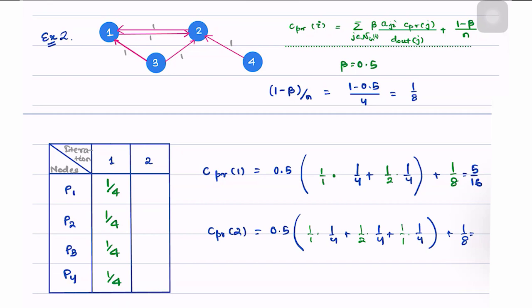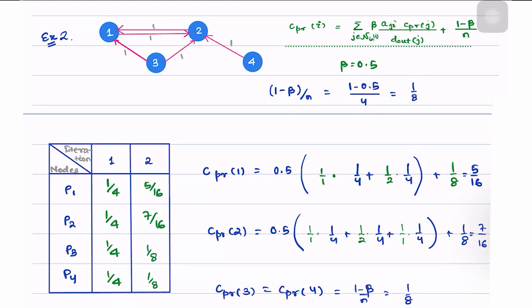So this adds up to 7 by 16. And nodes 3 and 4 do not have any neighbors, hence in their case, the only term that gives them importance is (1 minus beta) by n, which is equal to 1 by 8. And let's now write up the importances: 5 by 16, 7 by 16, 1 by 8, and 1 by 8.